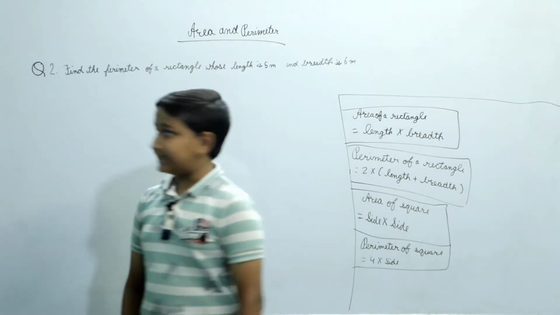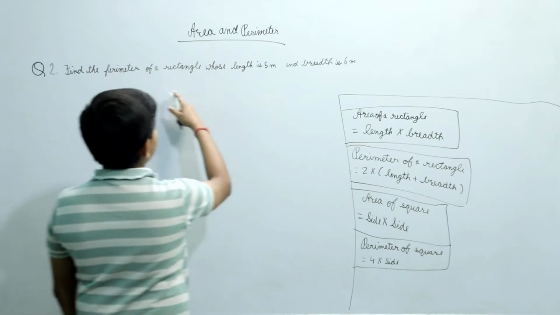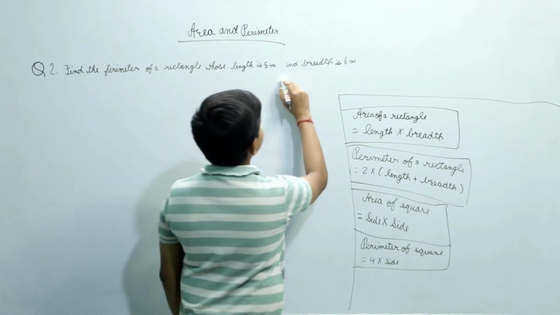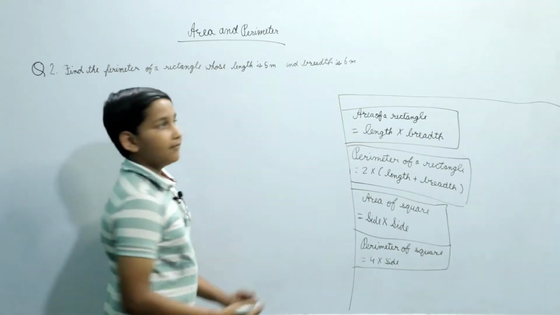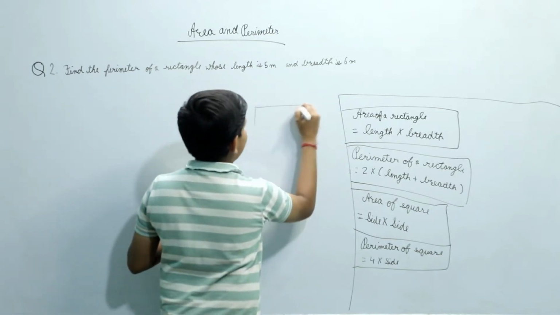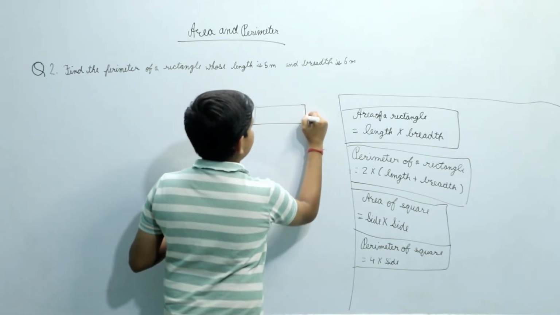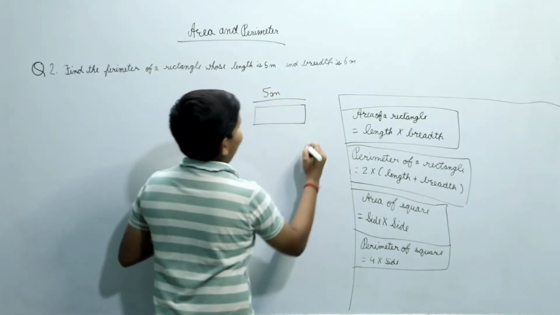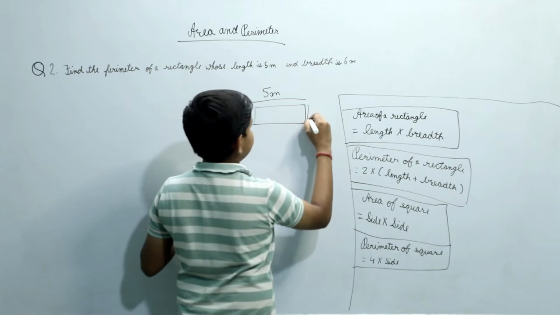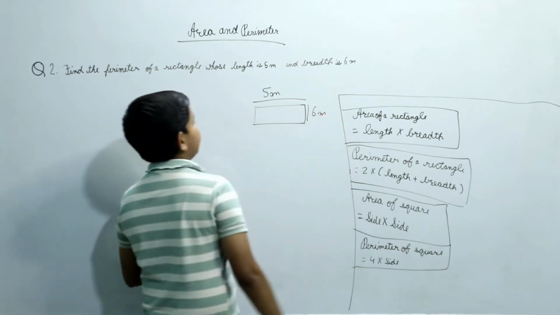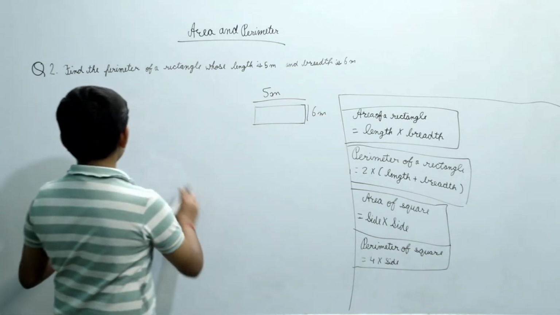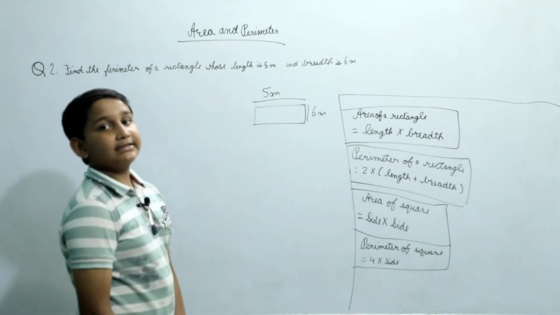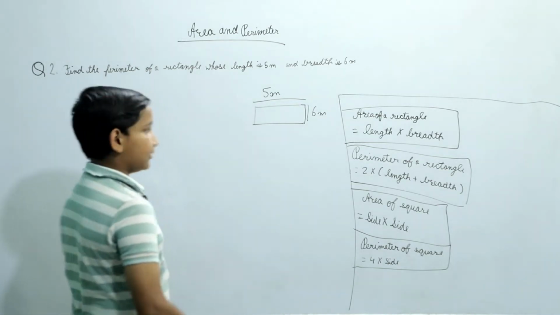Our next question is, find the perimeter of a rectangle whose length is 5 meters and breadth is 6 meters. What this question means is that there is a rectangle whose length is 5 meters and breadth is 6 meters. First, we will see the difference between area and perimeter.